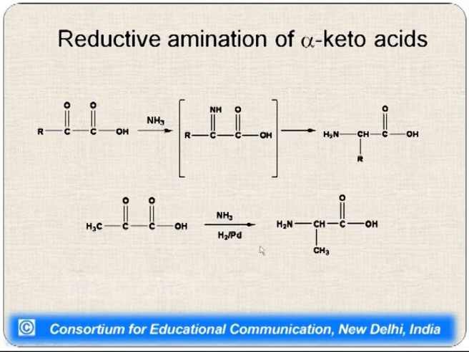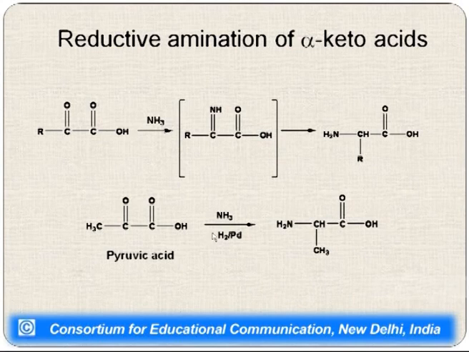We may also do this reduction with sodium and ethanol. What I started with is pyruvic acid. You would recall that pyruvic acid is a very important molecule in biochemical pathways like glycolysis and the Krebs cycle.